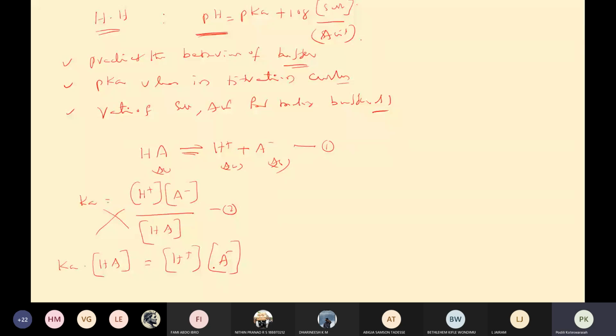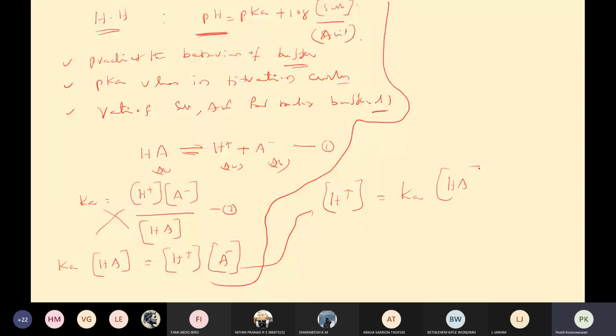So now from this we can take the concentration of H plus is equal to Ka, concentration of HA divided by the concentration of A minus.